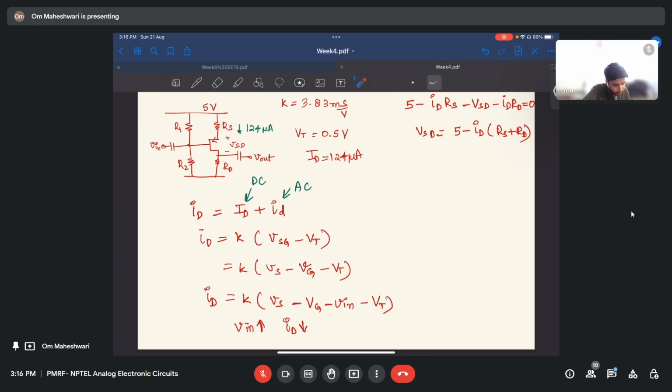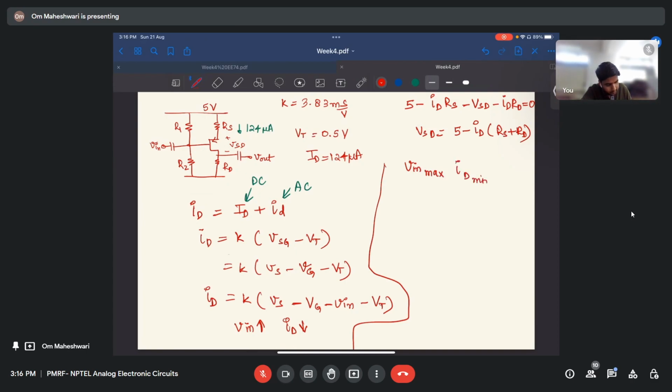So the minimum value of ID for maximum value of V in will be 0. When V in is maximum, ID is minimum and equal to 0 because it cannot go below 0. So we are taking the worst case.